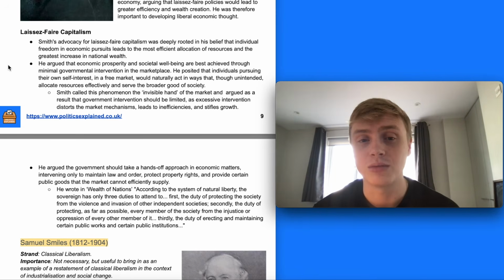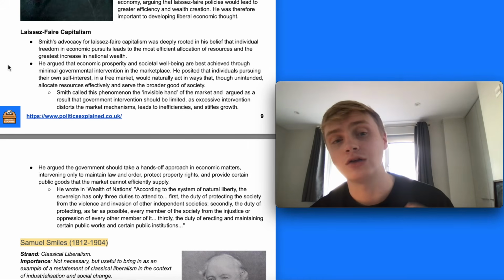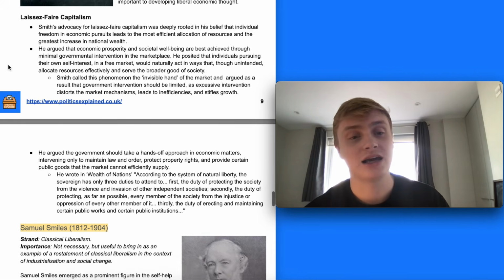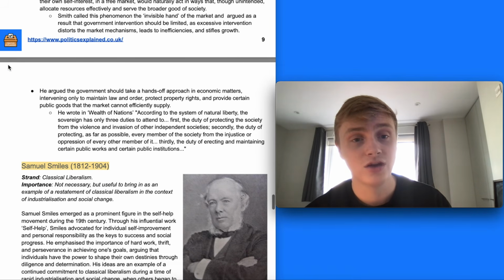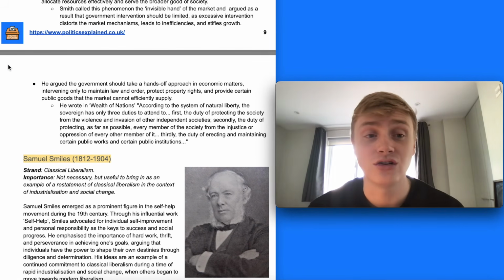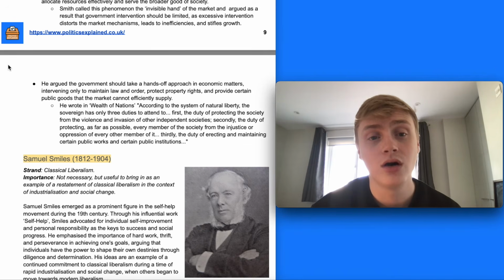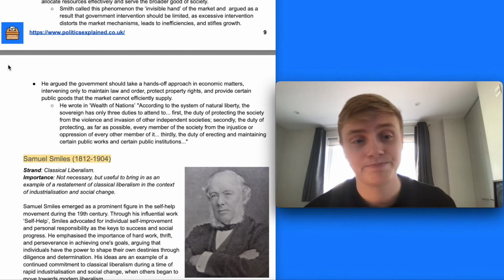And he called this phenomenon the invisible hand of the market. As a result, he argued that government intervention should be limited as it would interfere with this effective allocation of resources. So he argued that the state should take a hands-off approach in economic matters, intervening only to maintain law and order, protect property rights and provide certain public goods when the market could not efficiently supply them.